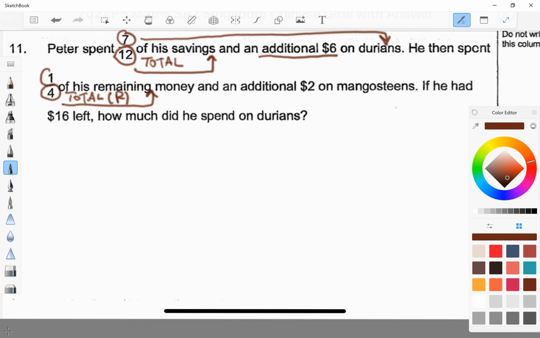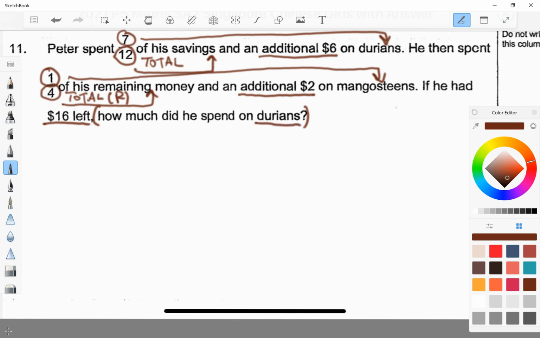As for the numerator 1, I will circle that and I'll point it forward to the mangosteens. I will also underline additional $2. And in the question, they actually say he had $16 left. So this is important to me, which is why I'll underline that. And finally, how much did he spend on durians?